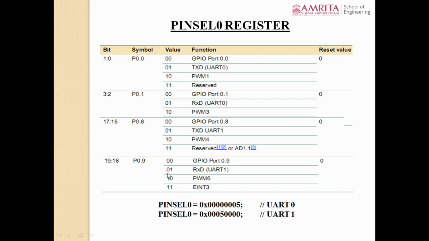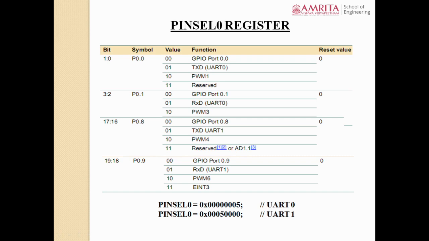Similarly, if you write 0, 1 to bit number 19 and 18, here it was 17 and 16, here it is 19 and 18, you are configuring P0.9 as RXD pin of UART1. So these 4 bits are used for configuring UART1. These 4 bits are used for configuring UART0.